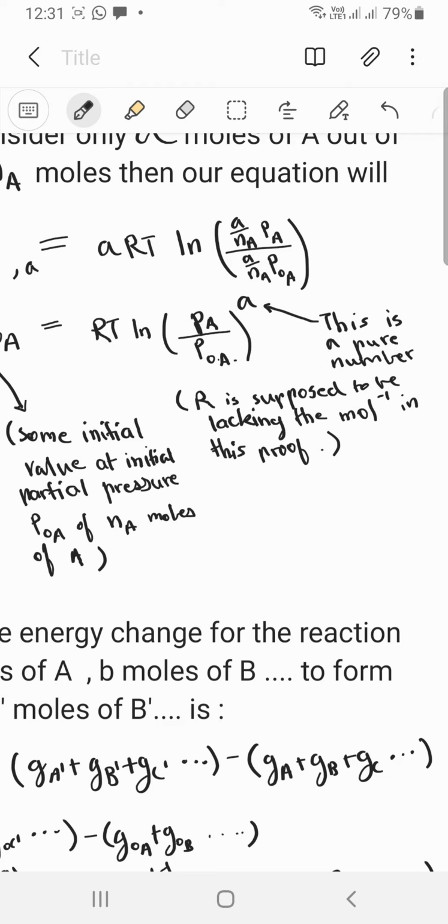So that's not a good thing if a has some units. So here we must take a as a pure number, and it is supposed to be understood that all the units will match up if we take R to be without the mole inverse, which it generally has.